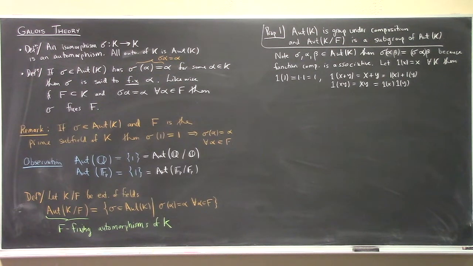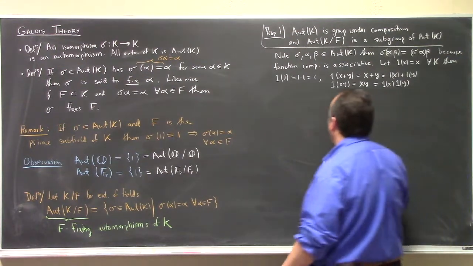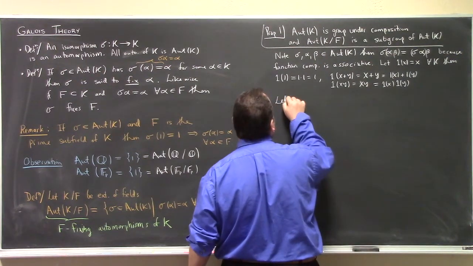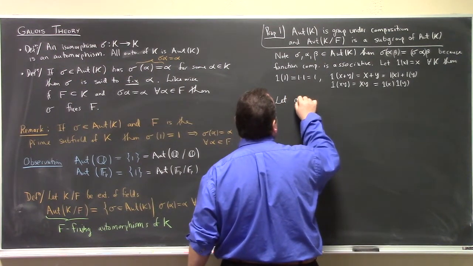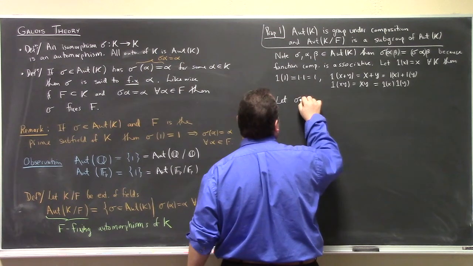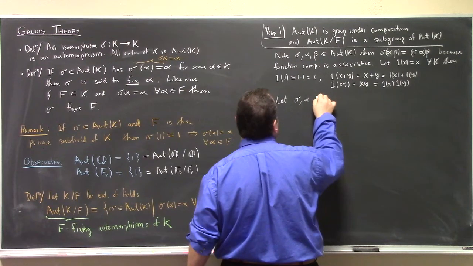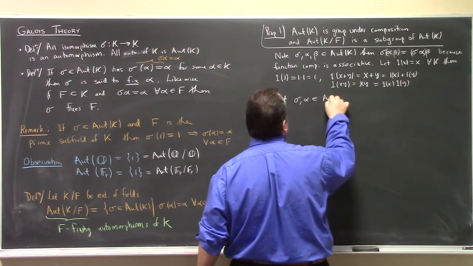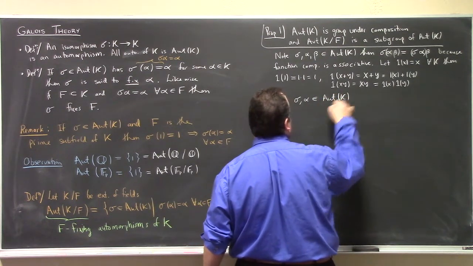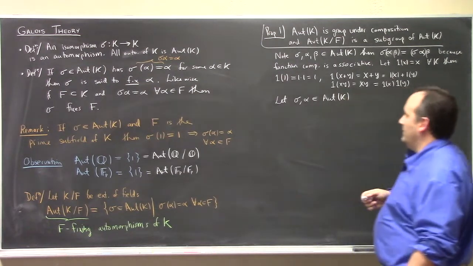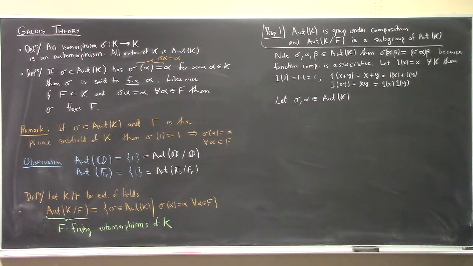And what else do I need to show? That you showed composition, you showed multiplication. We need to show that it's closed under composition, right?